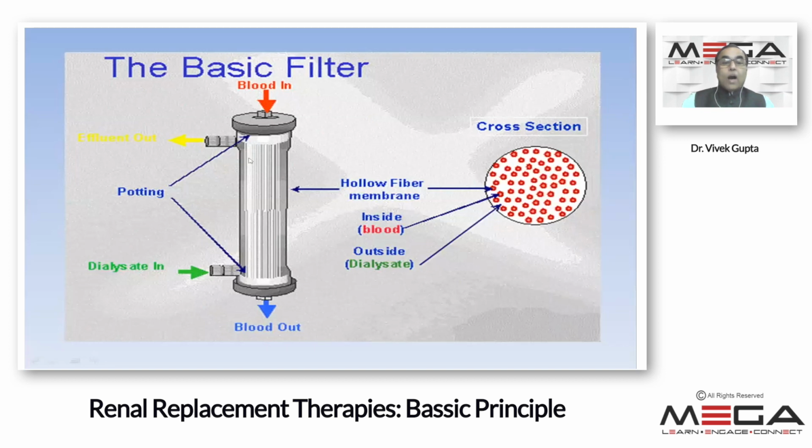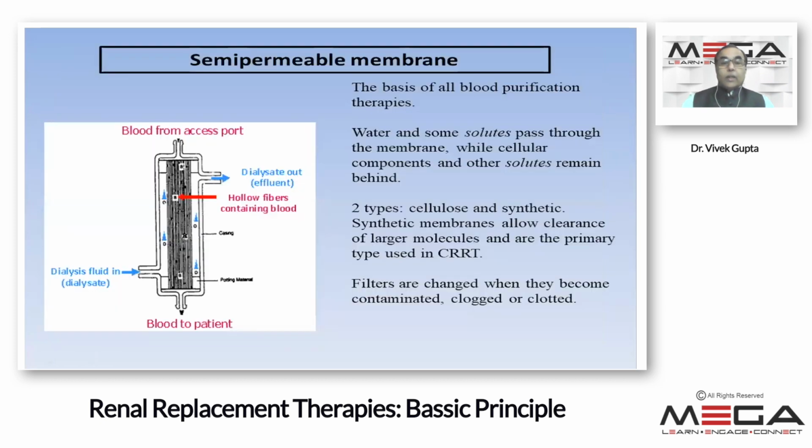Because this moves in a countercurrent direction, dialysate is moving in this direction and blood is moving in this direction, so they are in opposite directions. Ultimately the effluent depends upon what is in high concentration in the dialysate and what is in high concentration in the blood. It will exchange and move to either side.